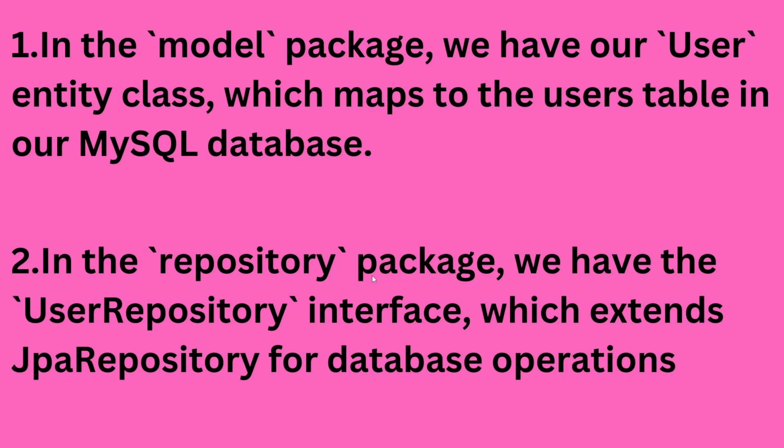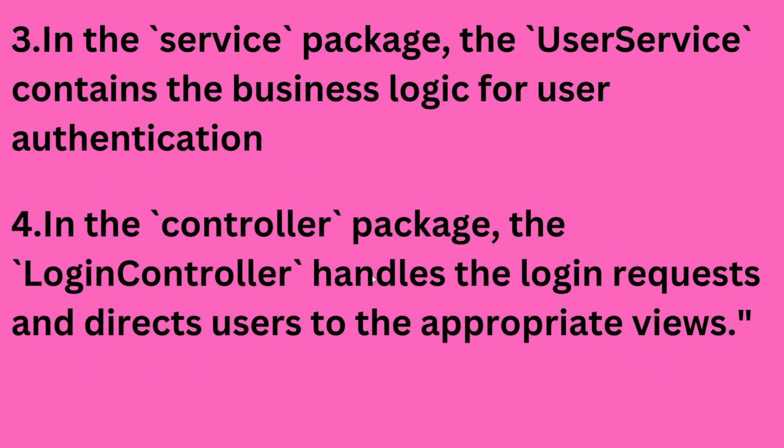In the repository package, we have the user repository interface which extends JPA repository for database operations. Third, in the service package, the user service contains the business logic for user authentication. Fourth, in the controller package, the LoginController handles the login requests and directs users to the appropriate views.